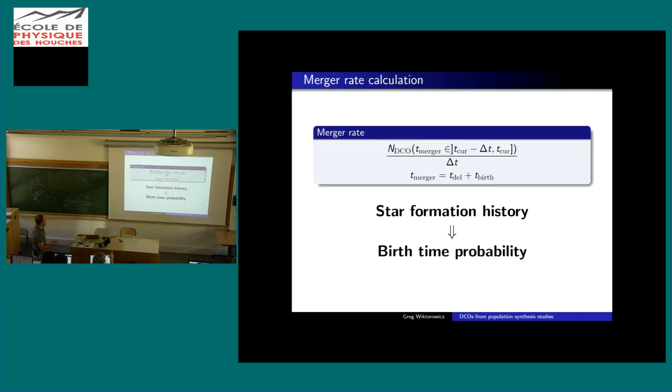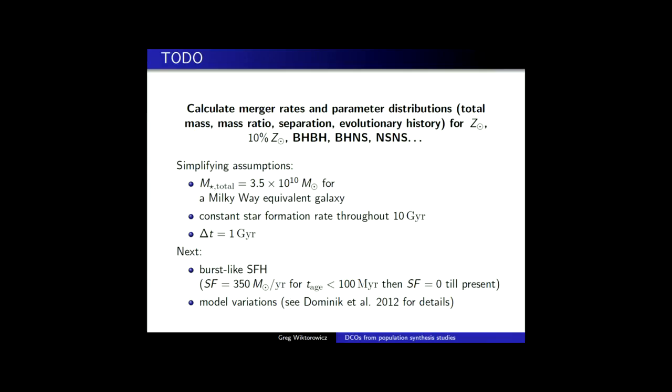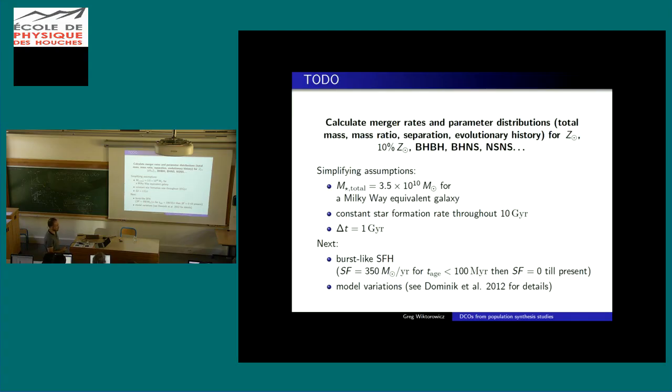So it's this simple formula. It does not take care of propagation time, detection probabilities, and so on. Current time is just assumed to be 10 gigayears in this simple approach, like the age of the galaxy, the stellar system we are investigating.